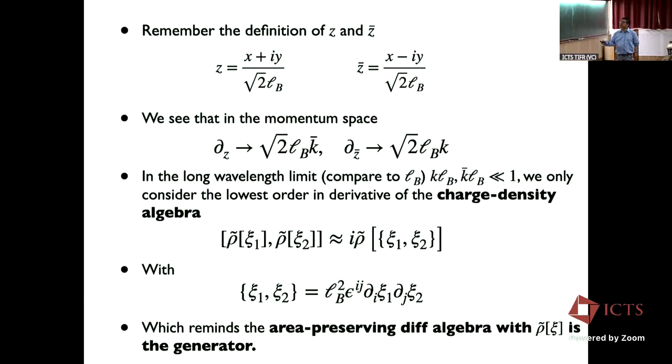The Chern density algebra reduces to the area-preserving algebra. So the area-preserving diffeomorphism is nothing but the long wavelength limit of the Chern density algebra, the GMP algebra. And in this case, rho C is nothing but the generator of area-preserving diffeomorphism.